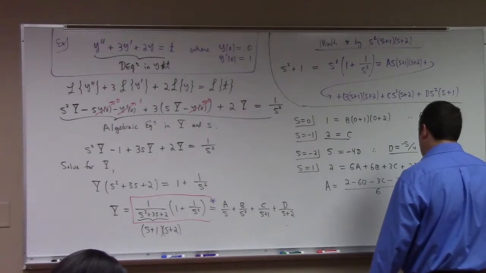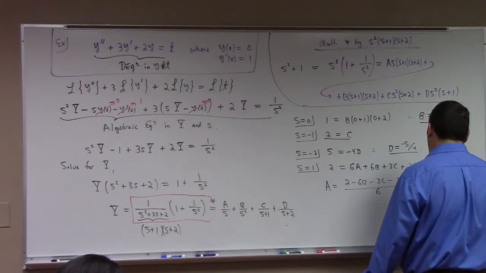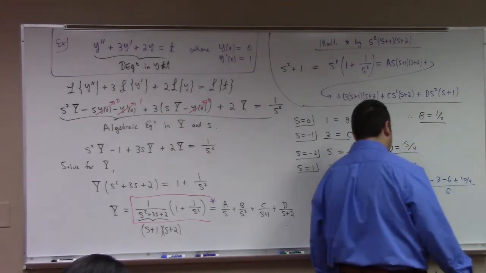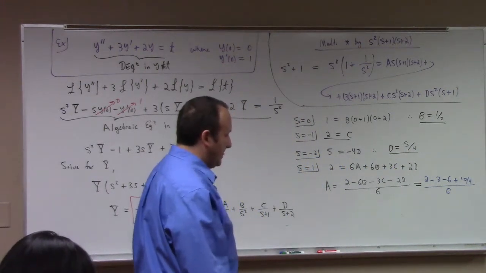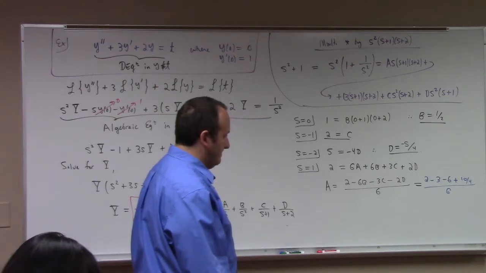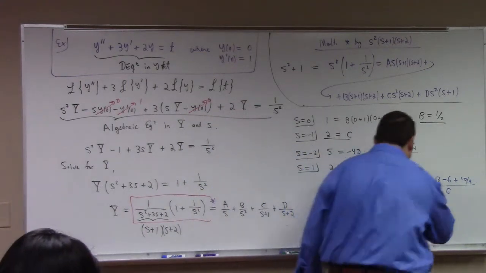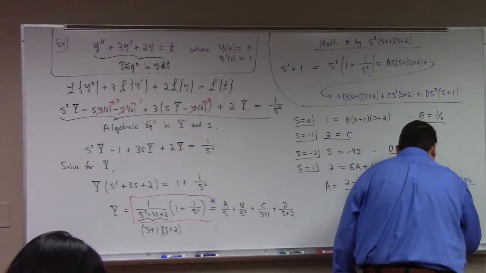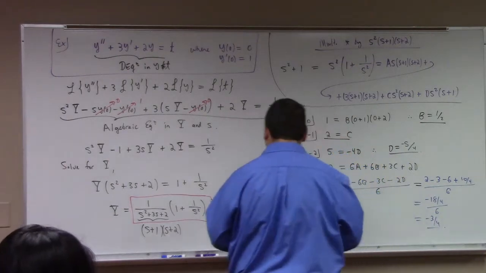So that's 2 minus 3 minus 6 plus 10 over 4. Minus 3/4, maybe? I don't know. Let's assume it's that for a second, okay?